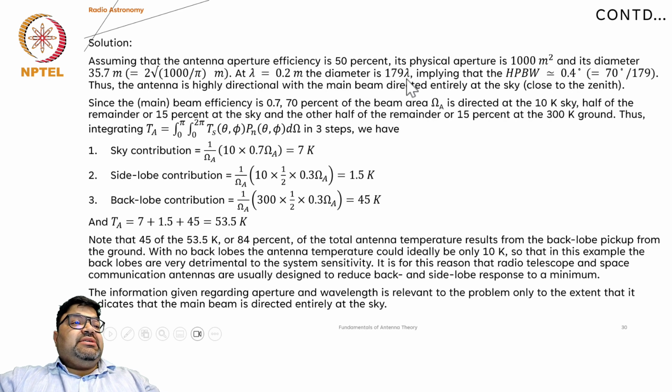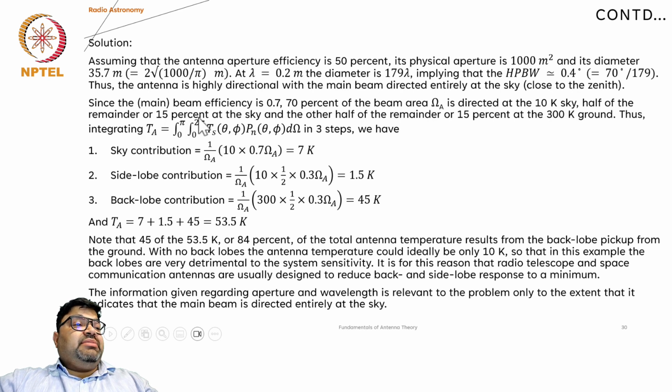The diameter is 179 lambda, implying that the half power beamwidth is 0.4 degree. Thus the antenna is highly directional with the main beam directed entirely at the sky close to the zenith. Since main beam efficiency is 0.7, 70% of the beam area omega A is directed at the 10 Kelvin sky.